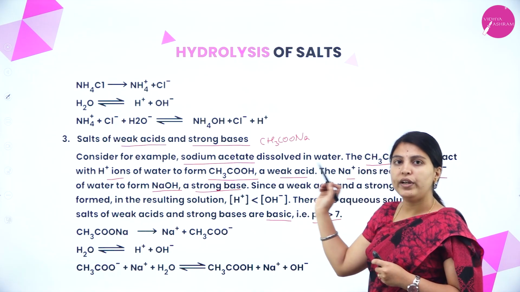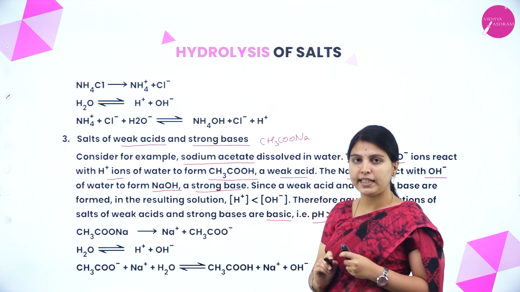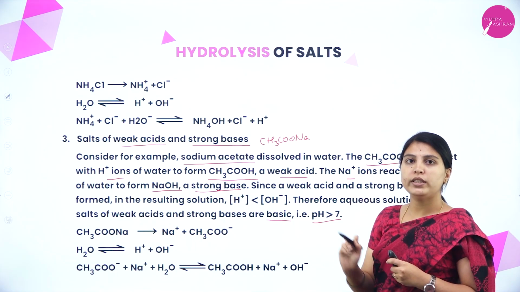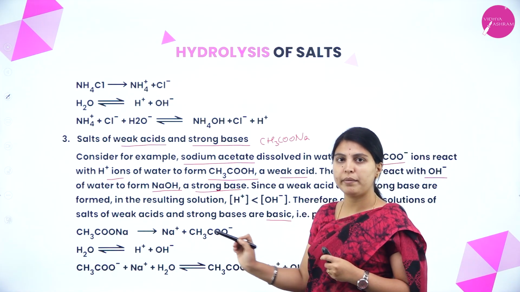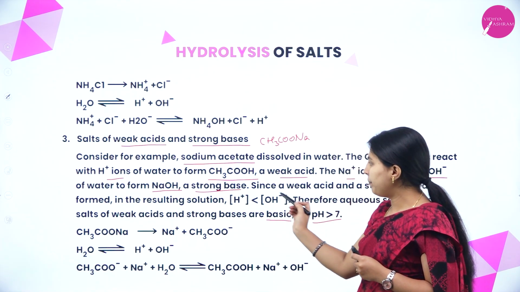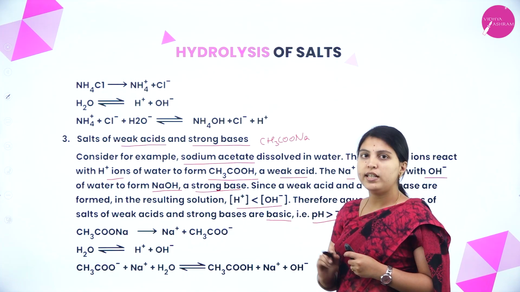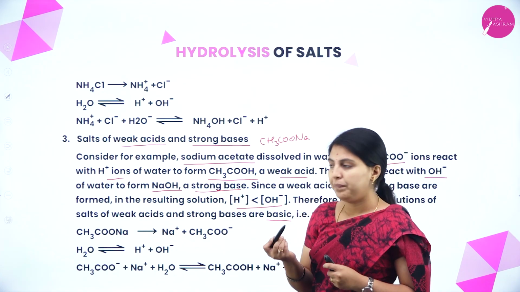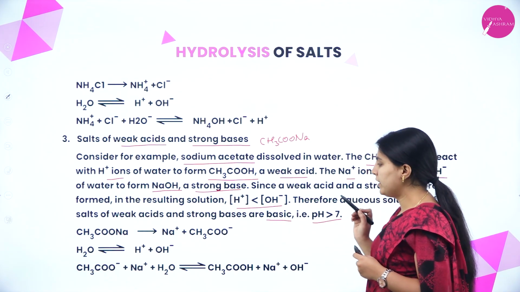Acetate ion will react with H+ ion to form weak acid, that is acetic acid, and sodium ion will react with OH- ion to form a strong base called sodium hydroxide. Then if we make a comparison, obviously the concentration of base will be greater than the concentration of acid. Then the salt will be basic. Then pH will be greater than 7.